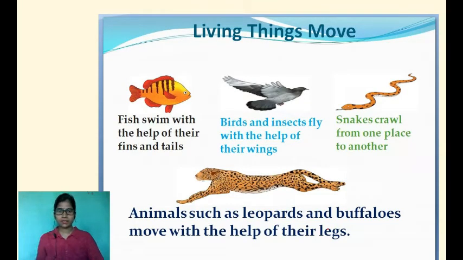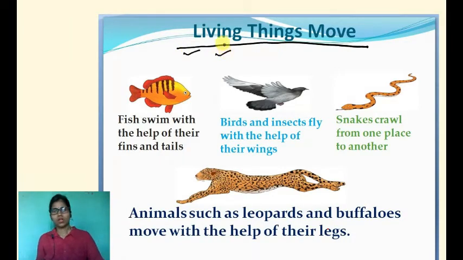Our first characteristic is that living things can move. Most living things can move from one place to another on their own. They move in search of food and water.